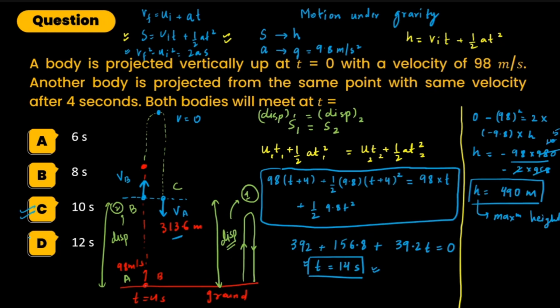The time after which they will meet is going to be 10 seconds. So you just have to solve the equation. It is a quadratic equation, and it will ultimately be solved by simply using fundamentals of mathematical operations. That's it. So, did you understand this question?